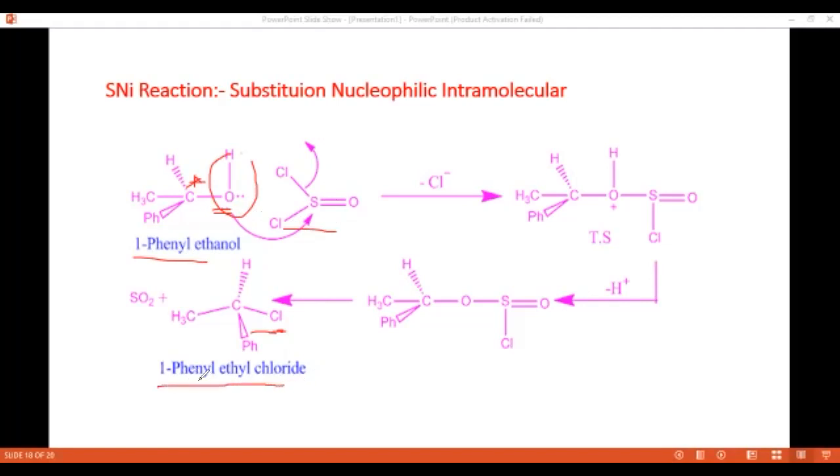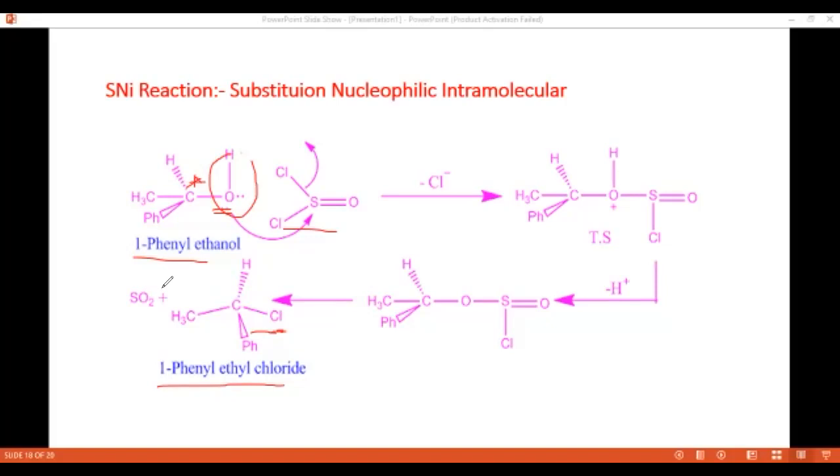Now, the mechanism of this reaction does not follow the SN2 mechanism, because SN2 is a one-step mechanism in which inversion of configuration is possible. Here, no inversion of configuration is possible.